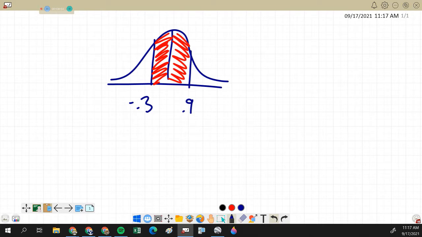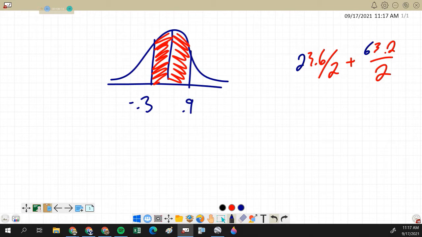So the area for 0.3 is 23.6. Cut that in half. The area for 0.9 is 63.2. Cut that in half. And what does that give me? 23.6 divided by 2 plus 63.2 divided by 2. I get 43.4.